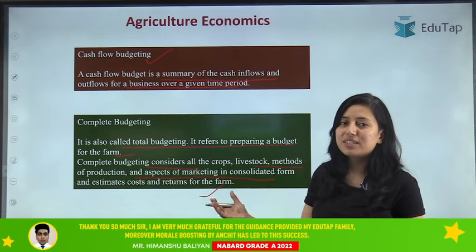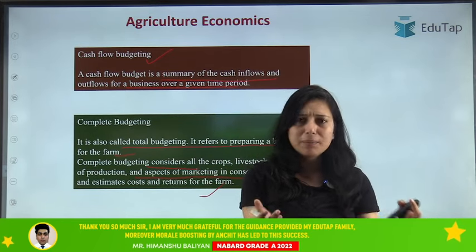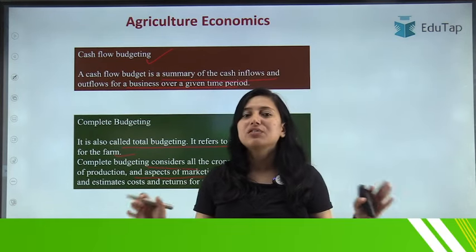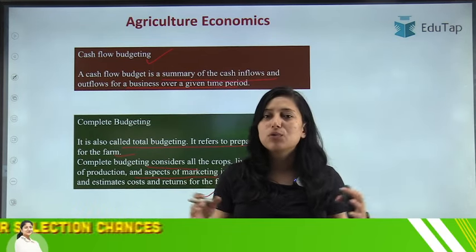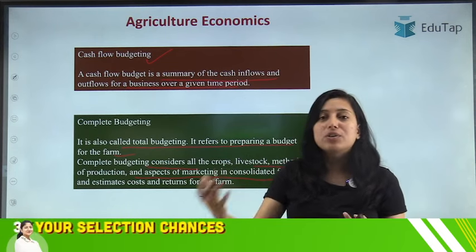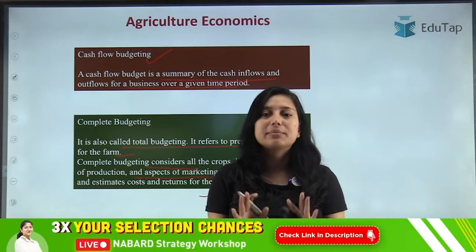Now in complete budgeting, we are not focusing on any activity or any particular enterprise. We are computing the net worth, the cash inflow, cash outflow, or the total cost and total return of the entire farm. So that is your complete budgeting.